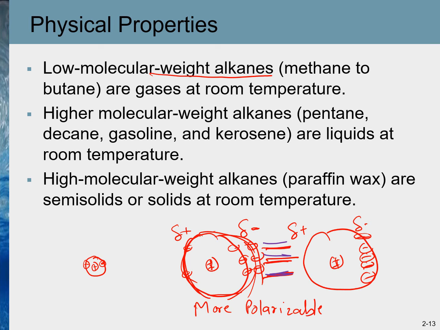In general, larger molecules have a higher polarizability, resulting in stronger interaction. Therefore, higher molecular weight alkanes are liquids, and if we go even higher in molecular weight, alkanes tend to be semi-solids or solids. Solids means that they have a stronger intermolecular force as compared to gases.